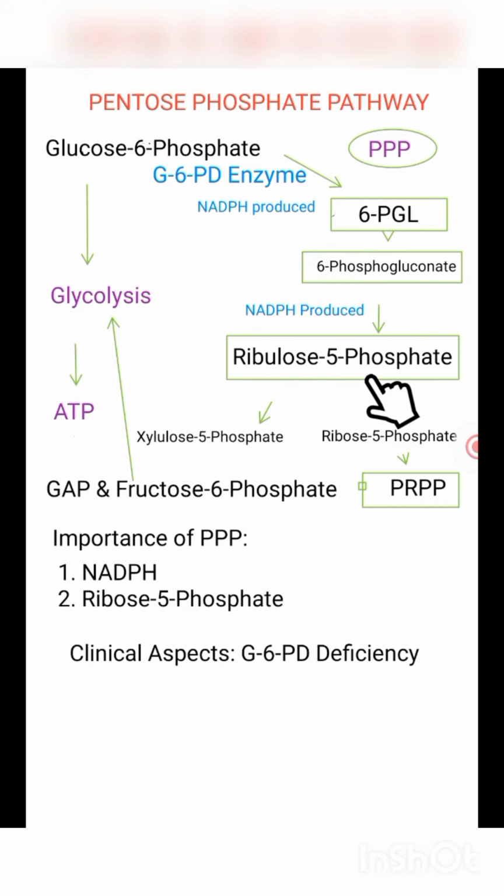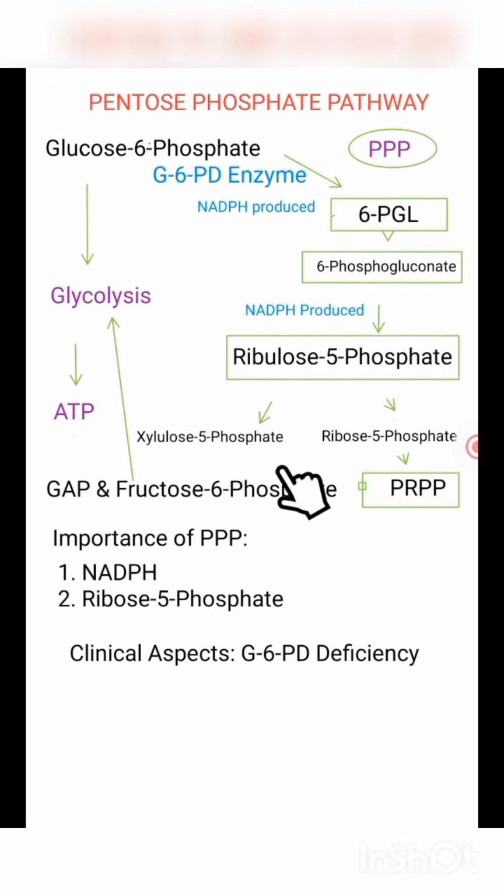So from ribulose 5-phosphate, you can easily form ribose 5-phosphate if there is need for RNA and DNA synthesis, because we know this route from ribose 5-phosphate to 5-phosphoribosyl 1-pyrophosphate or PRPP, we are definitely going to produce RNA and DNA in this route.